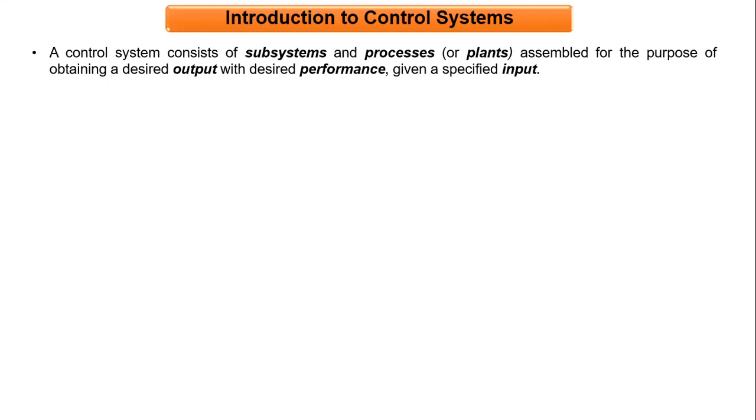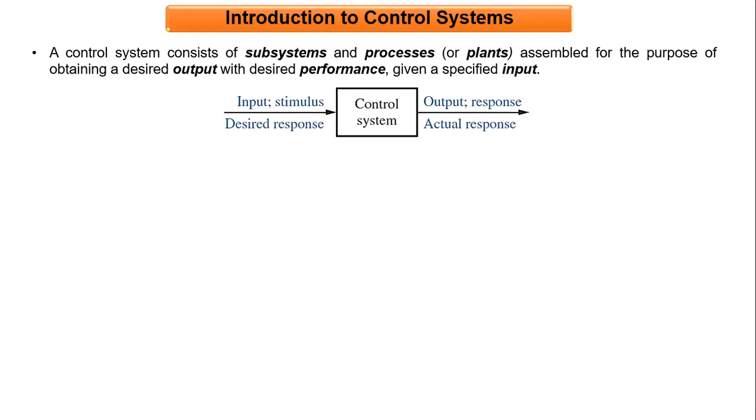We can also say that a control system is a methodology that is applied over a given plant, process, subsystem, or sub-processes, so that we can get a desired response from that plant, subsystem, system or processes, right?